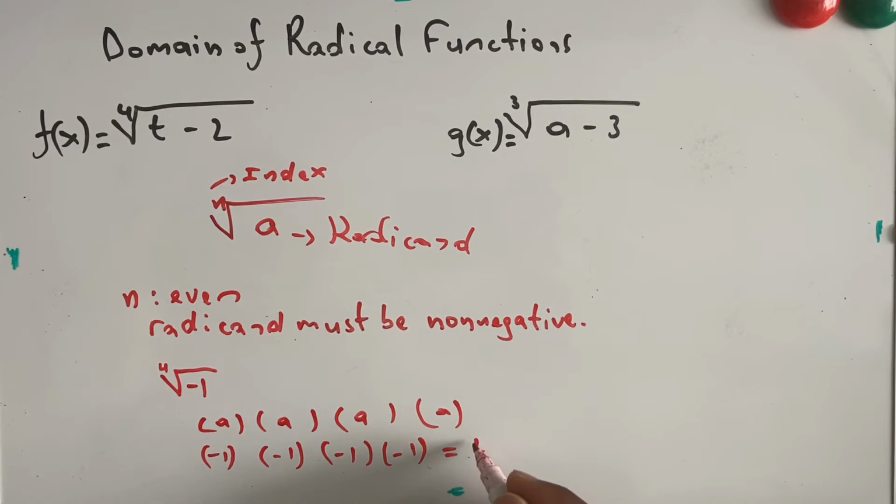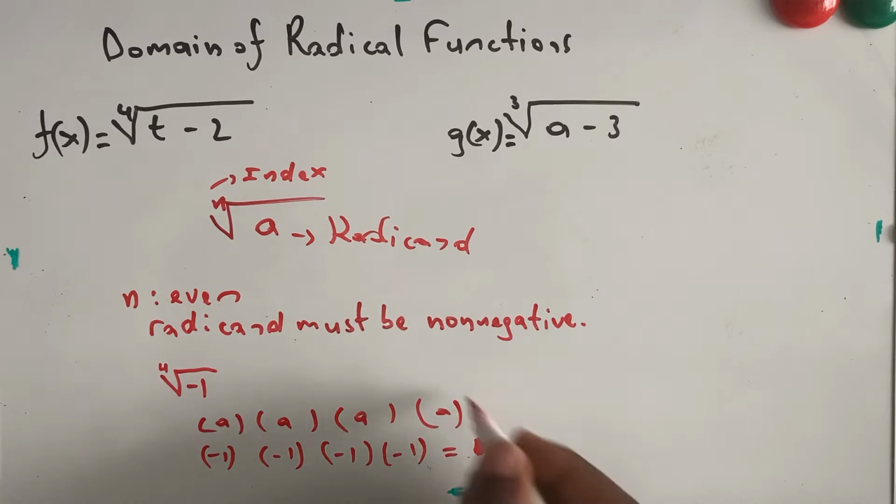This is +1. It's positive. So it's not -1, it's +1. So if you use your calculator, it will give you an error because there's no way you can take real numbers and multiply them to get -1.